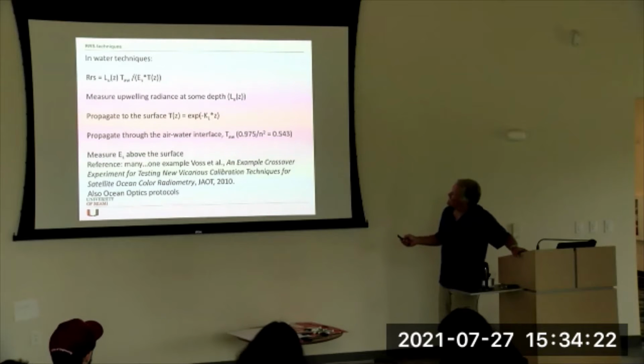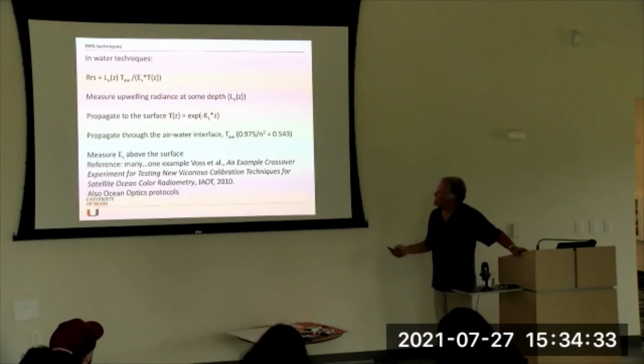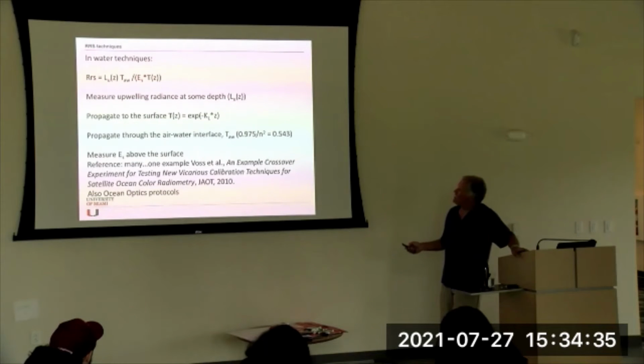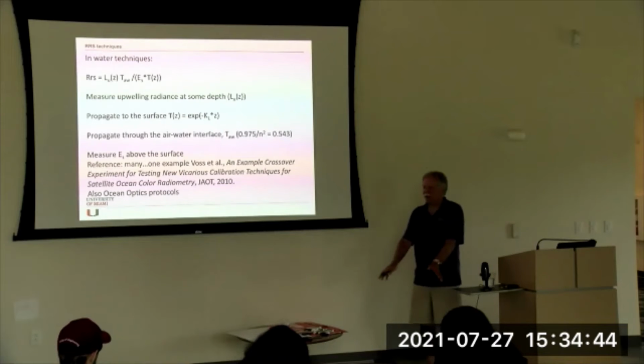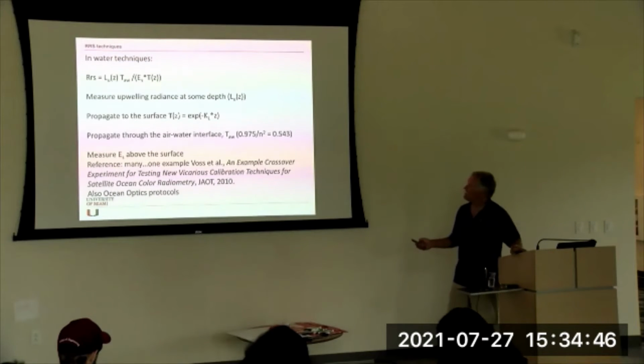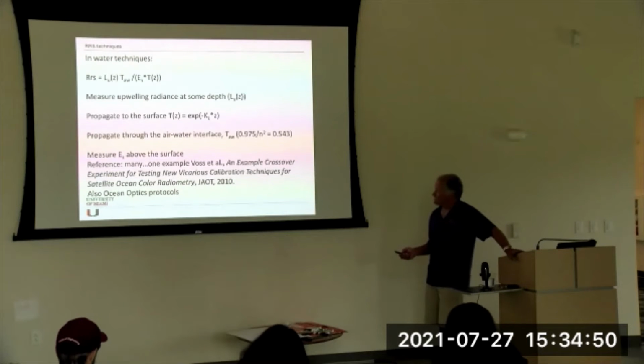So you measure LU, you propagate it to the surface using the inverse of the transmission through the water, exp(KL z), and then you propagate it through the surface with the Fresnel transmittance divided by n squared, which accounts for the change in solid angle as you go through the surface because of refraction. All this number is about 0.543. And you measure ES above the surface.